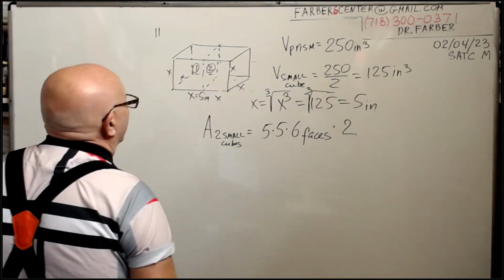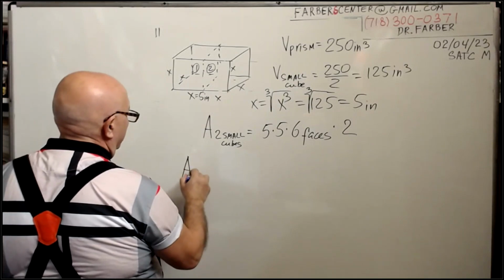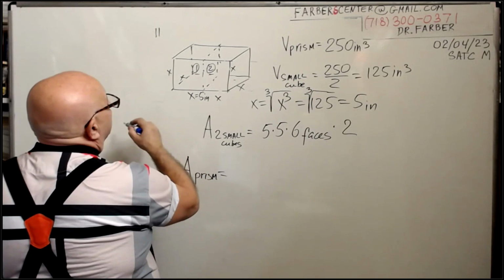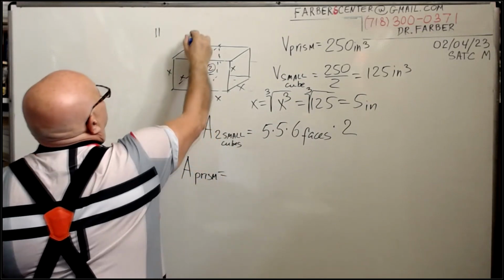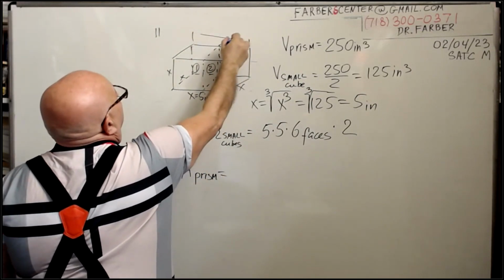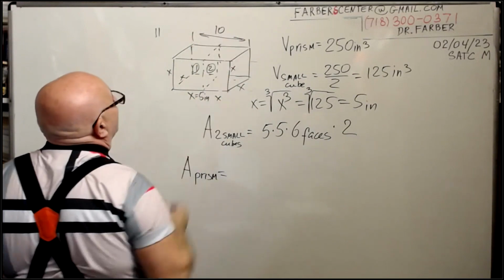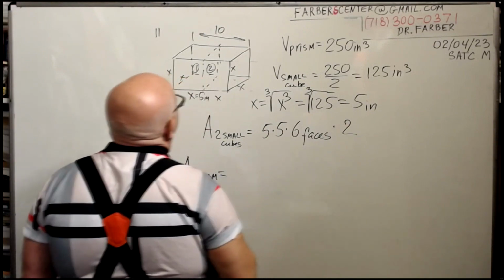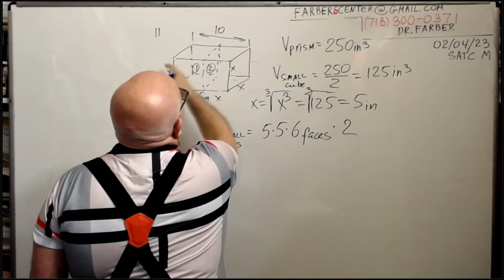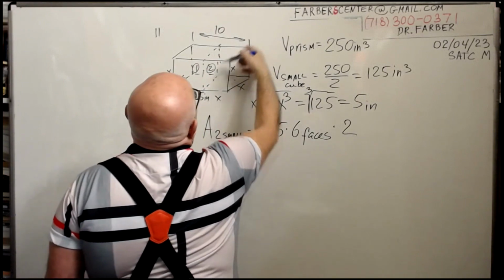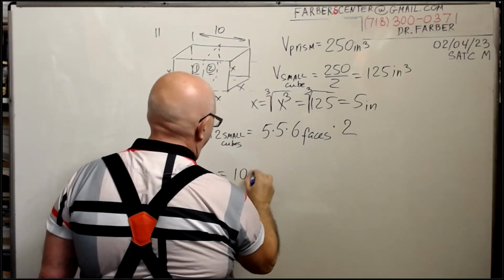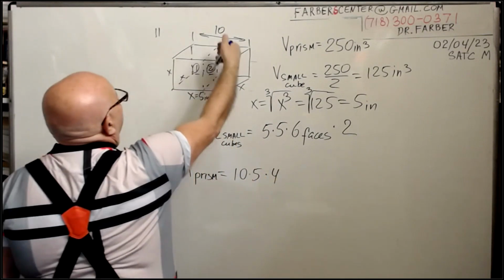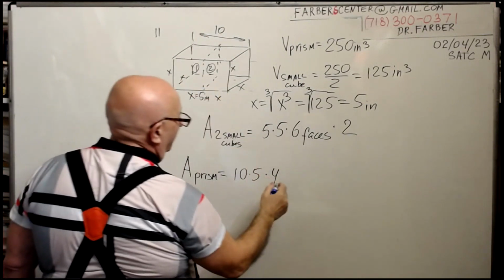What about the area of the prism? Since this side is 5, this side is 10. We have 10 times 5 and multiply by 4 because we have front, back, top, bottom, 4 faces.